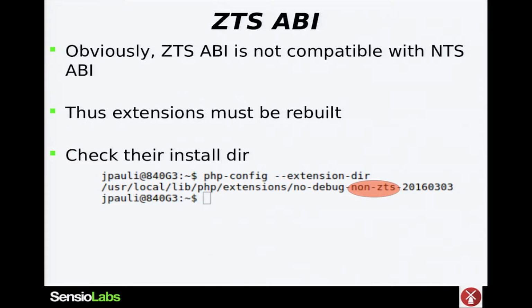That won't work; it's not compatible from the binary interface. So you have to rebuild your extension once for ZTS and once for non-ZTS. You have two extensions, and they usually are stored in a special directory which helps you remember if it's been compiled ZTS or not.